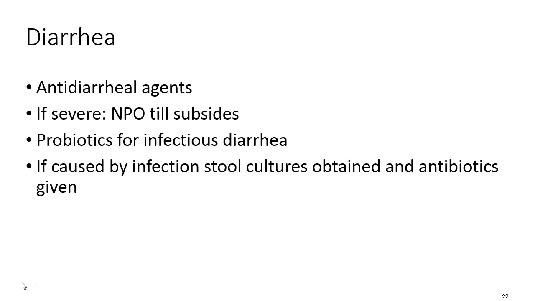We can administer probiotics for diarrhea to try and replenish the normal flora of the intestines. And if the diarrhea is caused by infection, stool cultures need to be obtained and antibiotics need to be started.